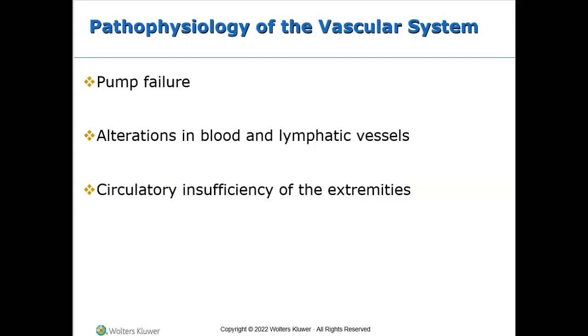Peripheral vascular disease. Claudication is where you're walking around and all of a sudden you're limping because you have pain in your calf or in your thigh or in your buttocks, and you have a hard time walking very far.